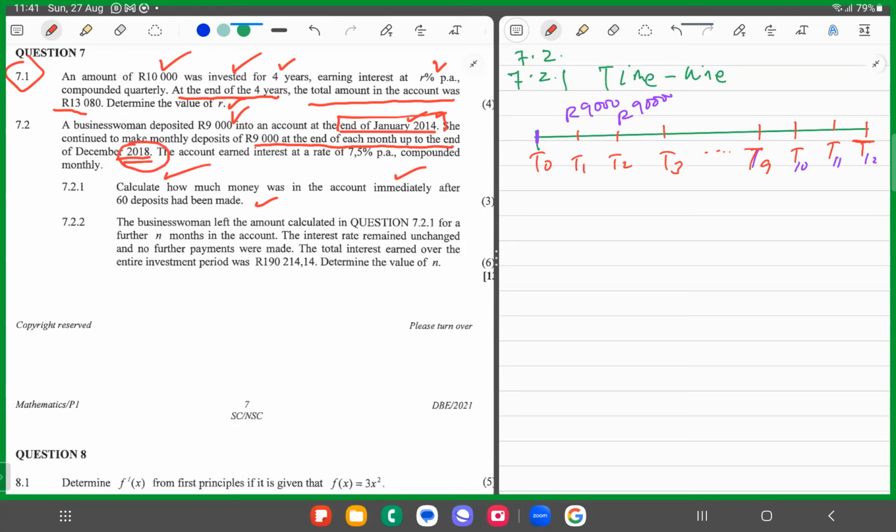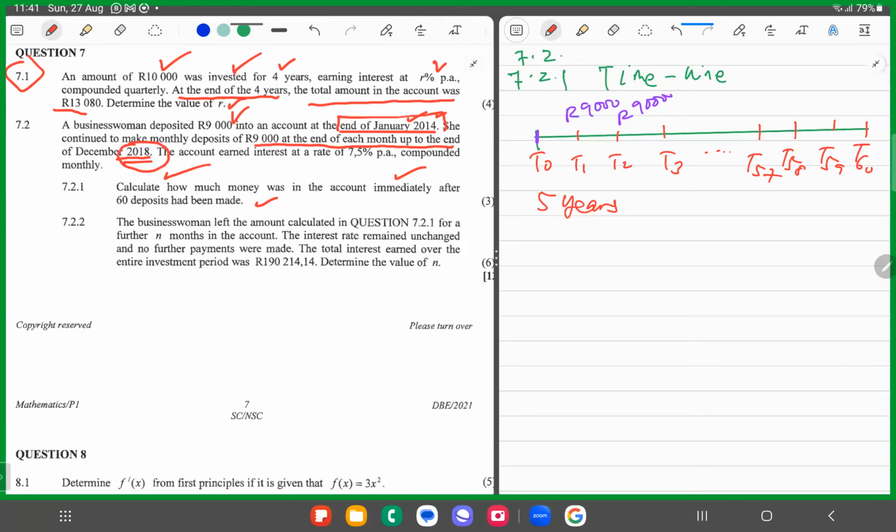If you count from 2014 to 2018, you will realize a total of 5 years, and that would mean that we're going to have more of this. You're going to have up to 60 months, 59, 58, 57.